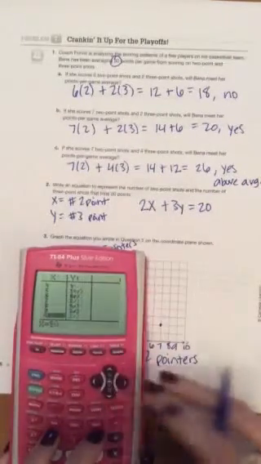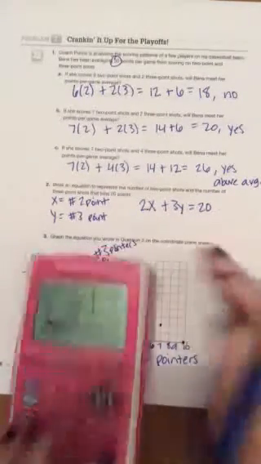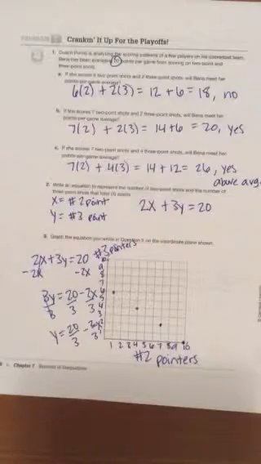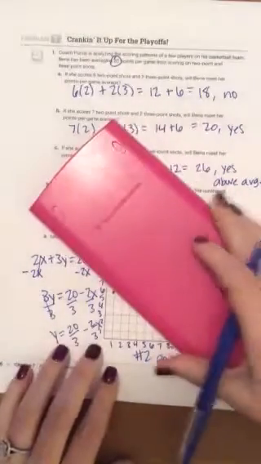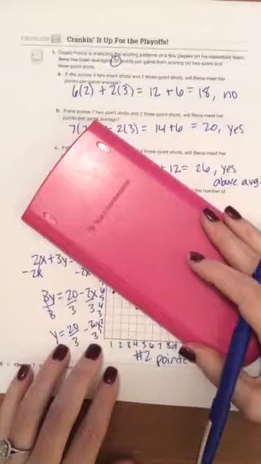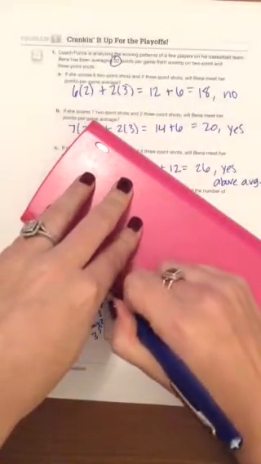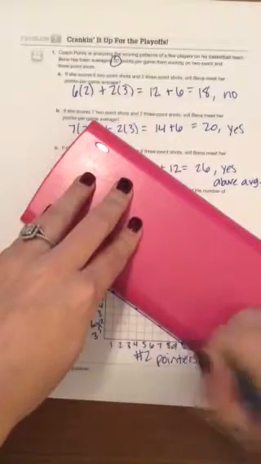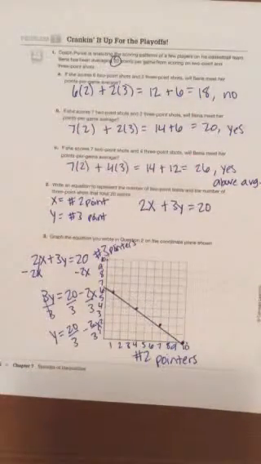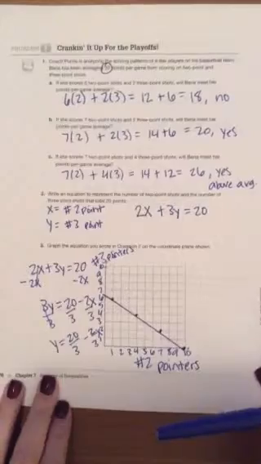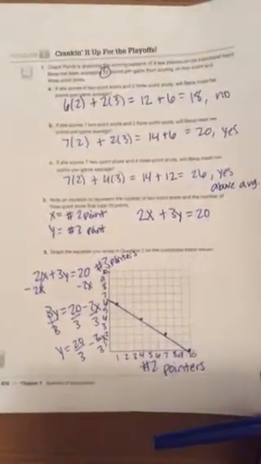And we will get one more. 10, 0. Perfect. That will be our line that represents her getting 20 points. Okay, so we're going to come back to this, so keep this page handy.